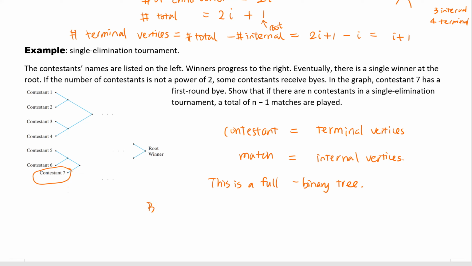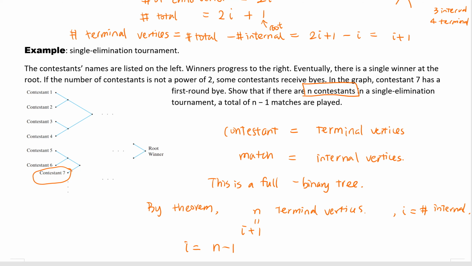Okay, then by our theorem, let's say we have n contestants. Let's say we have n terminal vertices. By our theorem, if we have I internal vertices, then the number of terminal vertices is I plus 1, where I is the number of internal vertices. So we can solve for I, then I is n minus 1.